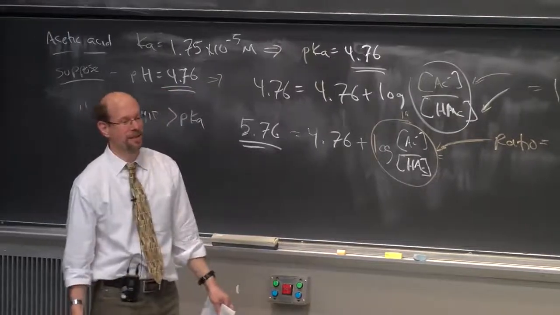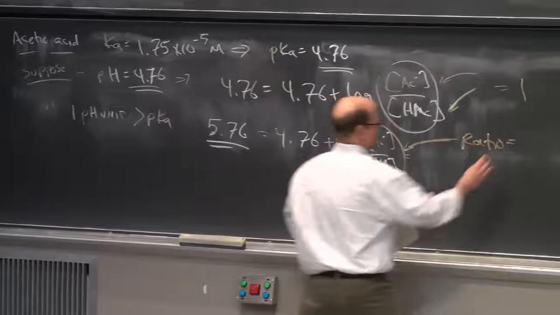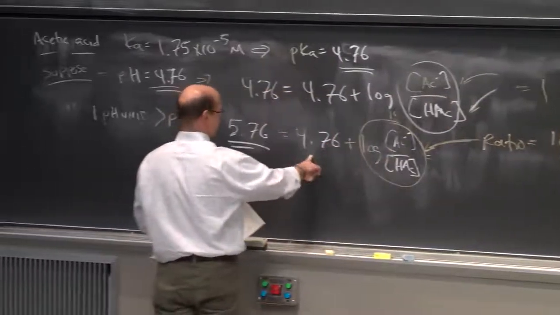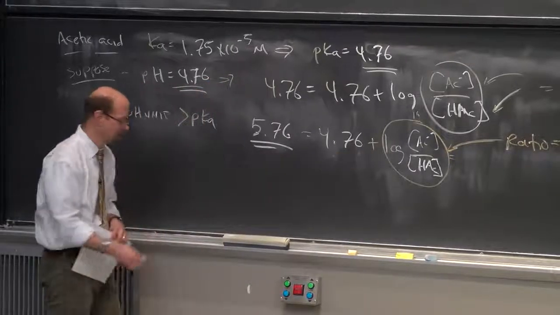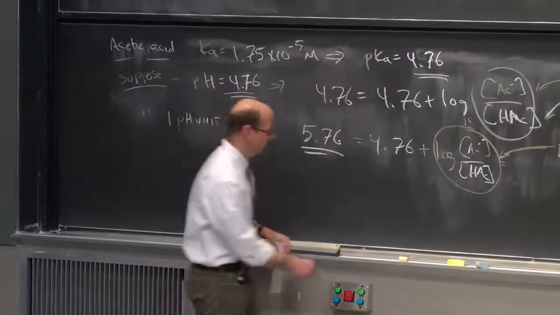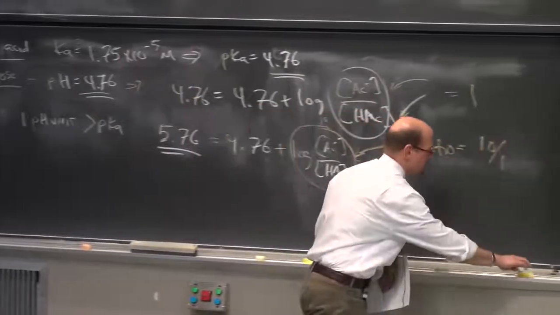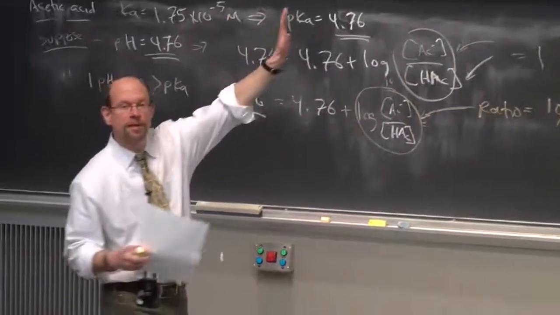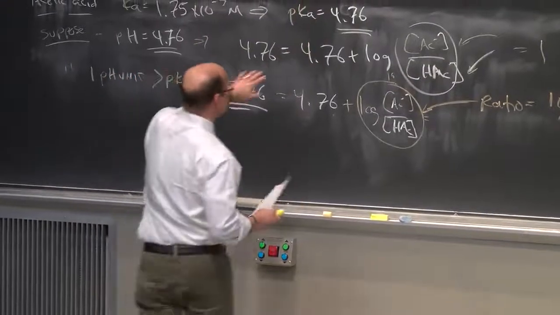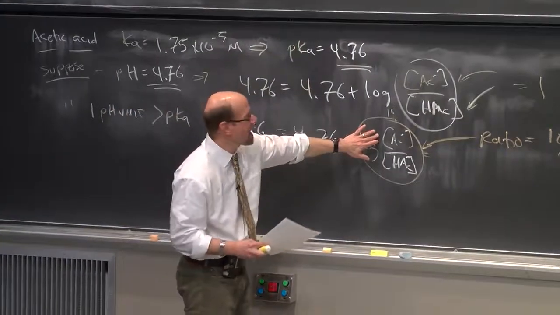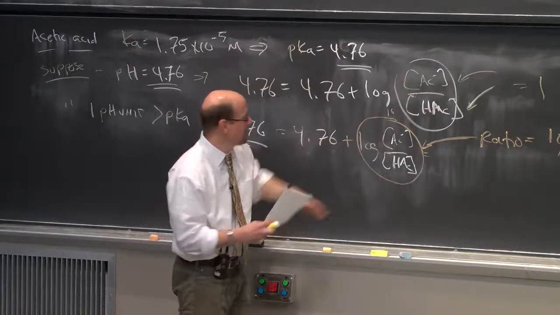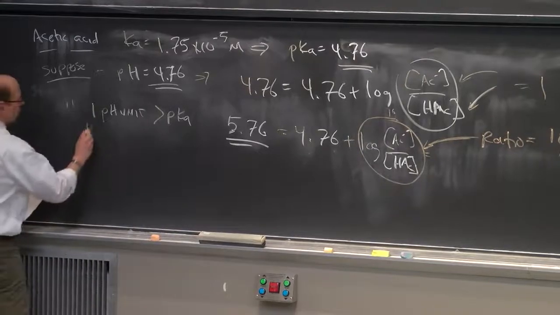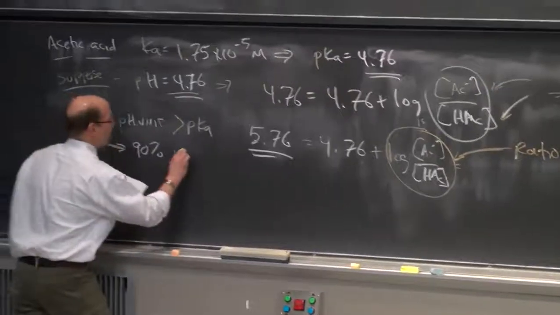What's the ratio? 10 to 1, right? This ratio has to be 10 to 1 because the log to the base 10 of 10 is 1, and 4.76 plus 1 last time I checked was 5.76. And so this means that when I'm 1 pH unit, this is what I want you guys to write down and remember, when I'm 1 pH unit greater than the pKa, 90% of what I have is the anion. This means that 1 pH unit greater than the pKa, I'm 90% unprotonated.